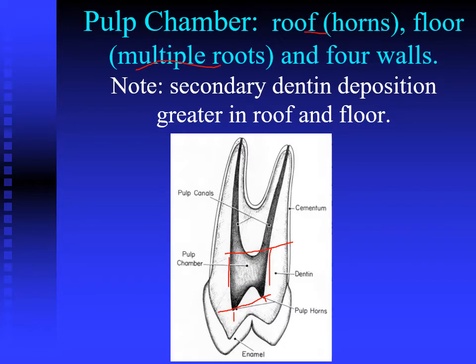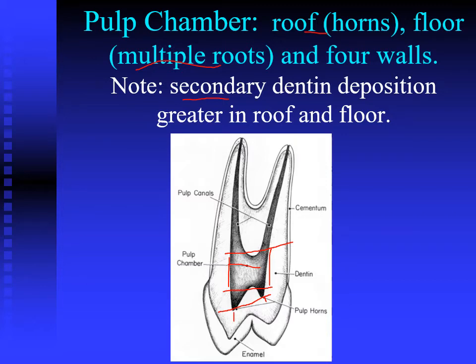It is of note that secondary dentin deposition is greater in the roof and the floor. So the odontoblasts that lay down secondary or repaired dentin, there are more of them in the roof and the floor than there are in the walls. And so as the pulp chamber recedes, it gets smaller, mostly in an apical to occlusal direction.